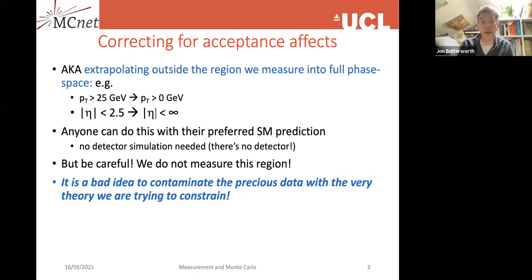You're going to use the Monte Carlo to remove that cut effectively, and to go down to pT of 0. Or likewise, you have a pseudorapidity selection which matches your detector acceptance of about 2.5, which is typically where the barrel calorimeters may extend to. And actually, you didn't want to have that. You want to extrapolate to the full phase space.